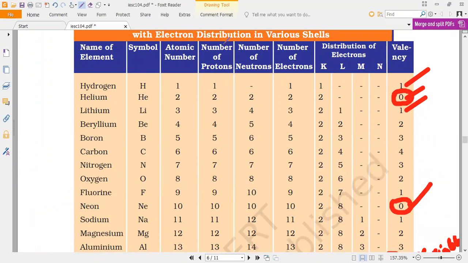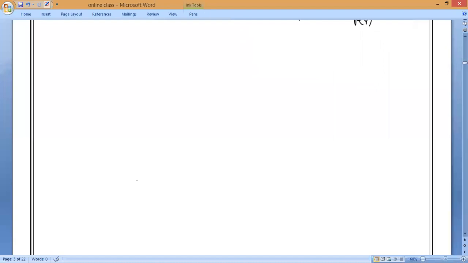So like these elements, the elements having 0 valency have 8 electrons in their valence cell, except helium. That valency is called 0 valency. This is the 4th type of valency. Helium alone has 2 electrons, and that is also called 0 valency.